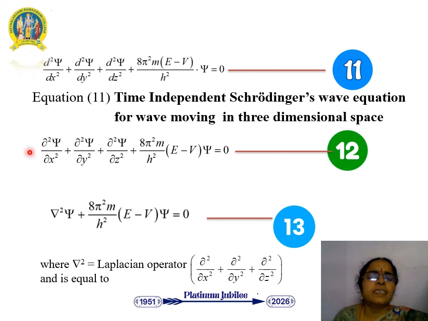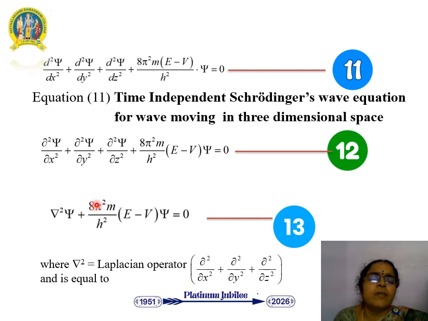Then later, instead of d squared by dx squared, we may use dou squared by dou x squared. Similarly, for all the terms, we can simply replace d by dou. Then we got this equation 12. In the 12th equation, the terms dou squared by dou x squared, dou squared by dou y squared, dou squared by dou z squared, all are called del squared, which are simply the Laplacian operators.